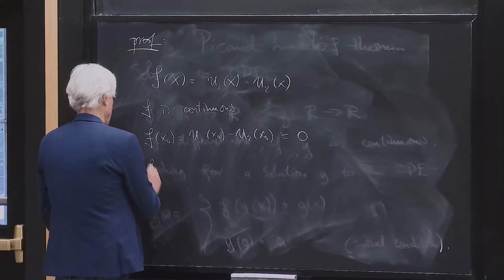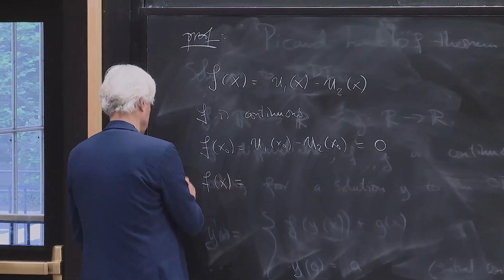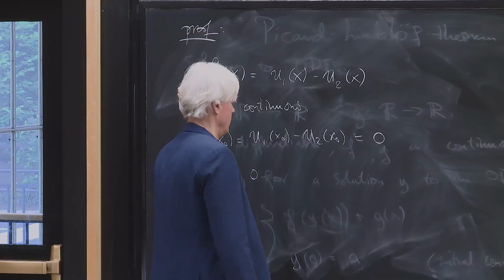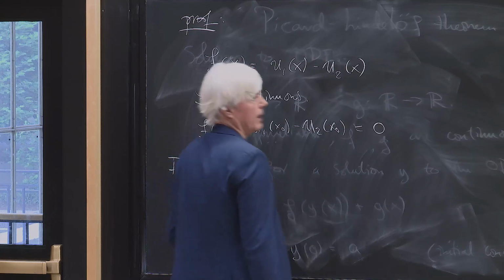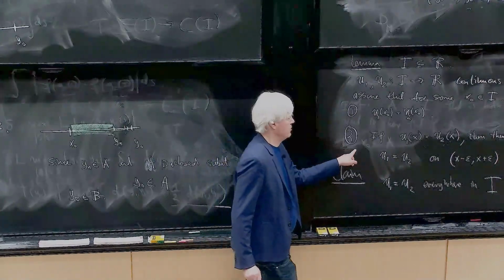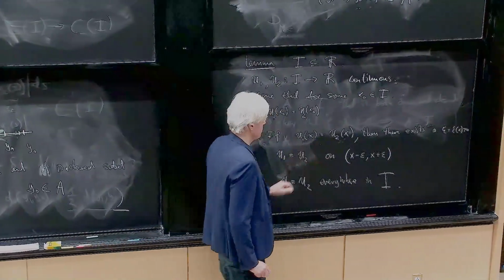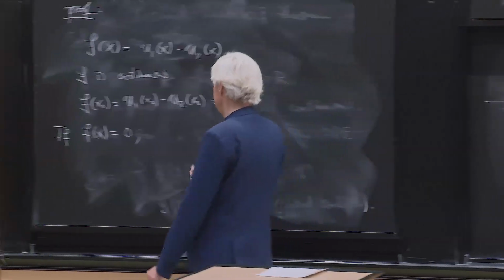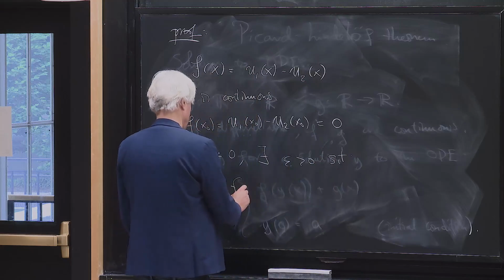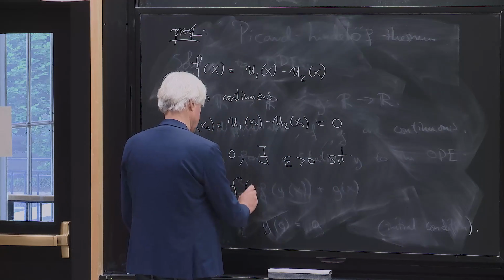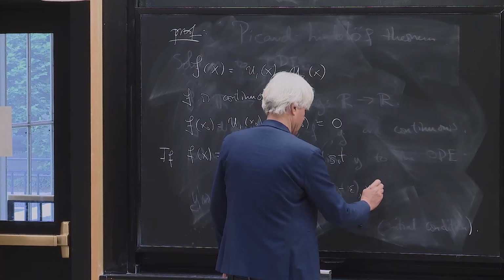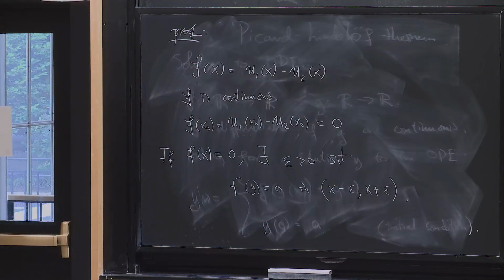You also have that if f of x is equal to 0, meaning the two functions coincide at that x, then by the second property there exists an epsilon greater than 0 such that f of y is equal to 0 in this little interval around x.